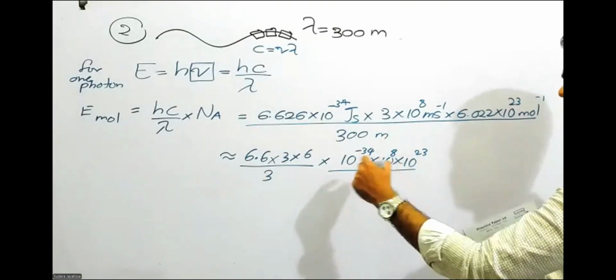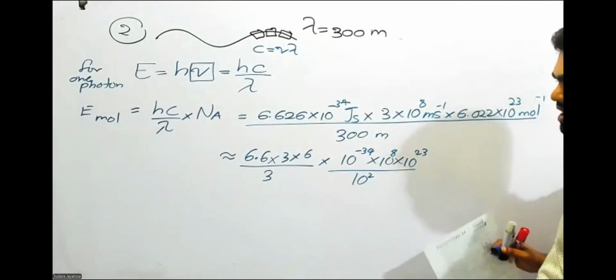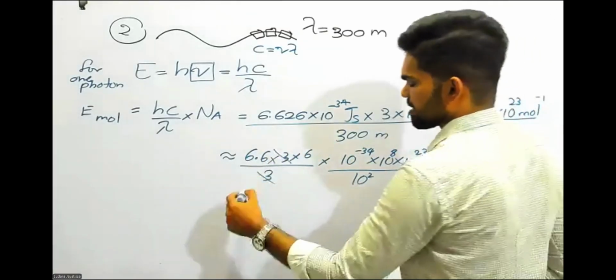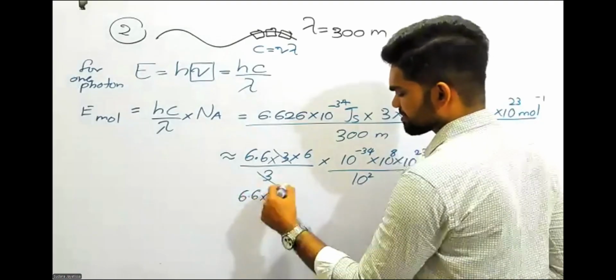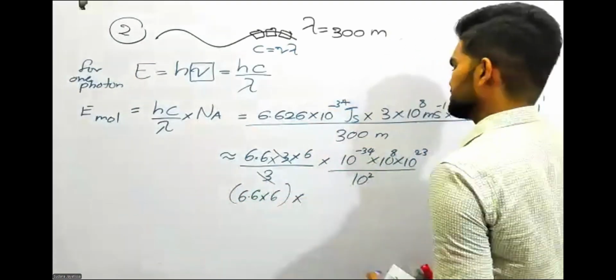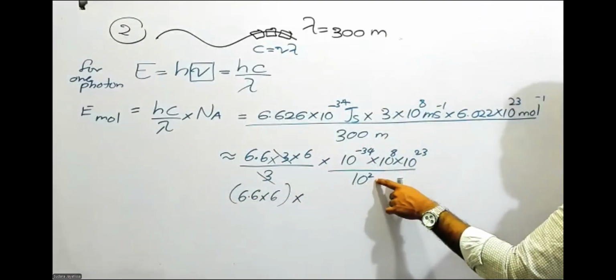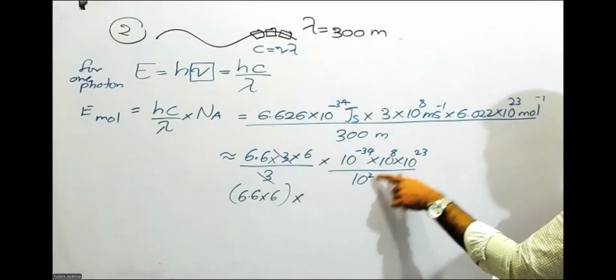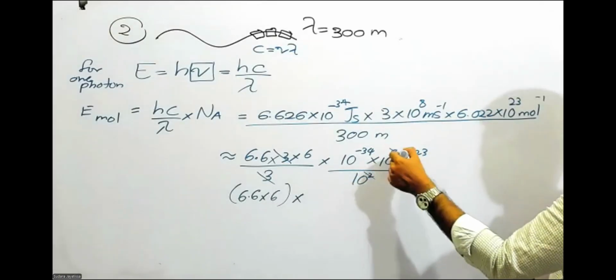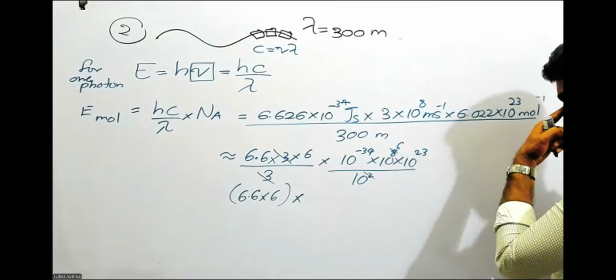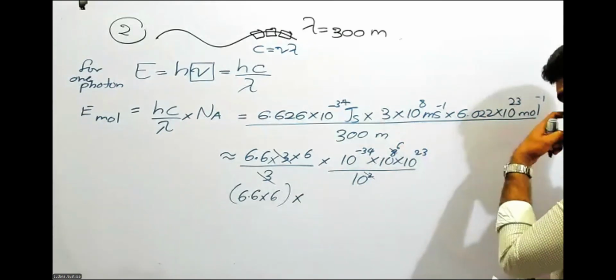Simplify this separately and the numbers separately. So you have 6.6 into 6, into 10 to the power minus 6 if you cut this one, and 6 plus 23, you have 29.